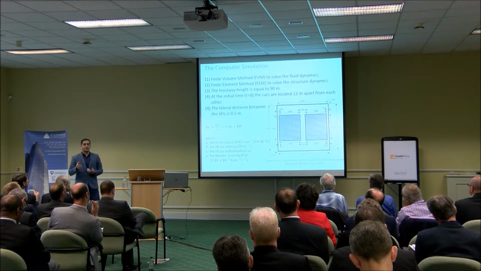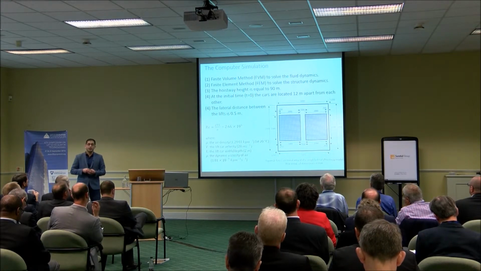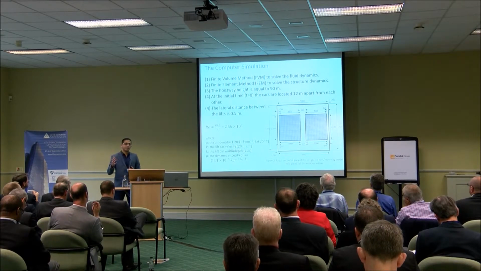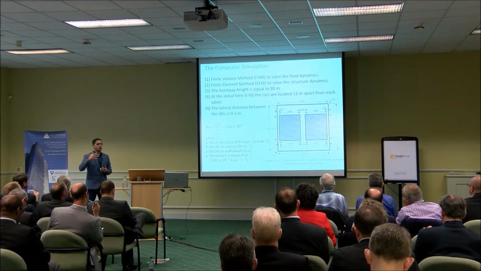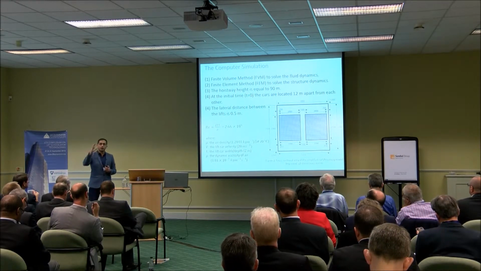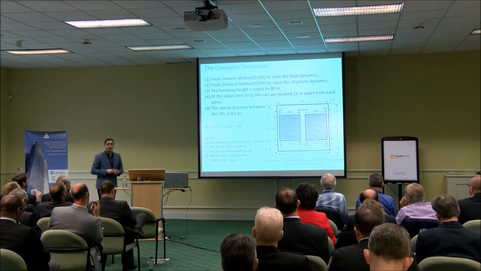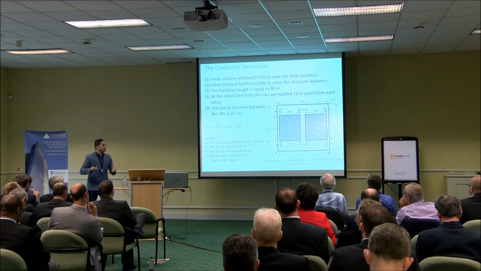An explicit solver based on finite volume method is used to solve the Eulerian system of the flow equations, which forms a model to predict the dynamic behavior of the flow around the car. Also, finite element method is used for the structural parts of the problem.